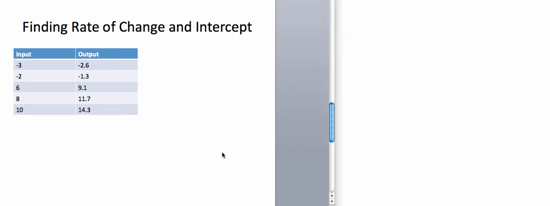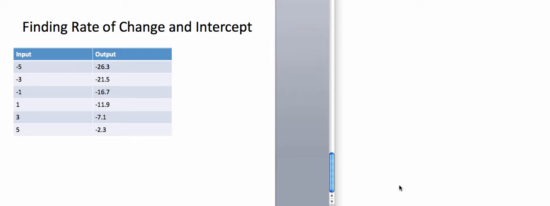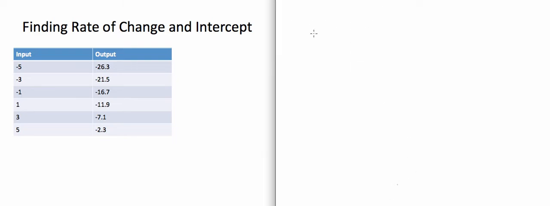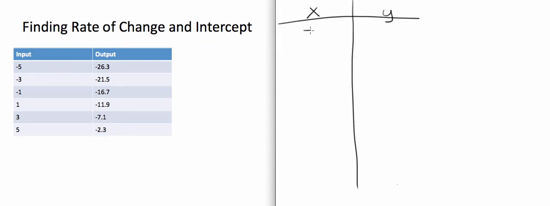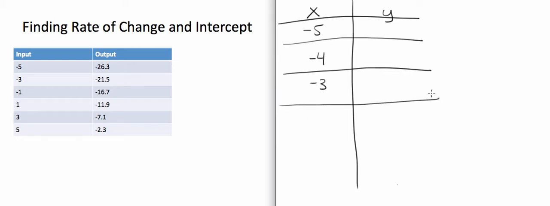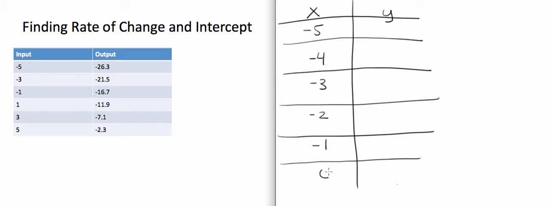In this last example, we have our x value, we have our y value. We've got -5, then it goes to -3, so it skips -4, and then -3, and then skips -2, goes to -1, skips 0, and goes to 1.